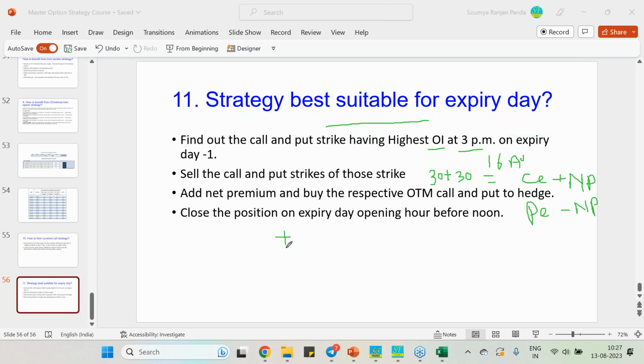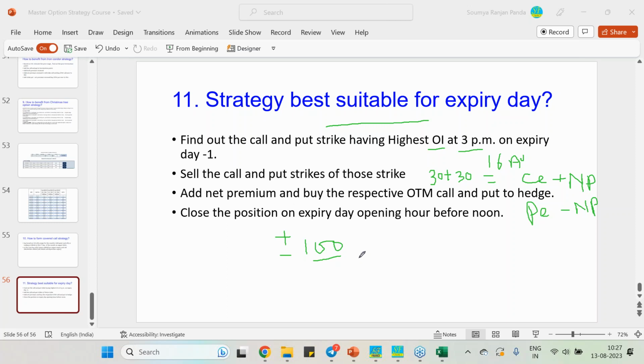If on any expiry day a plus or minus 100-point move happens around 2 o'clock to 2:30, and it is a 100-point plus, form a bear put spread in a 50-point gap.